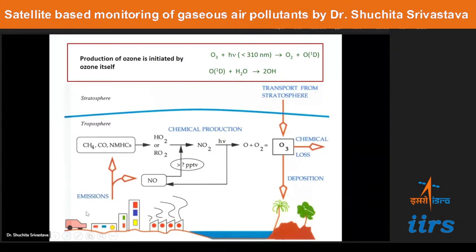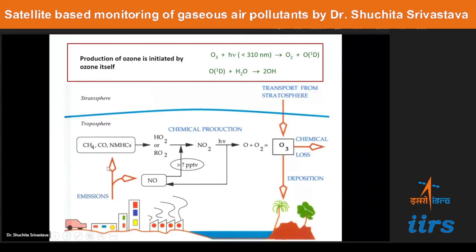So over any urban location where a sufficient amount of pollutants are present, like methane, CO, NMHCs, which stands for non-methane hydrocarbons, and NO, then these gases, except NO, are called fuel gases, and NO is called the catalytic precursor of ozone.